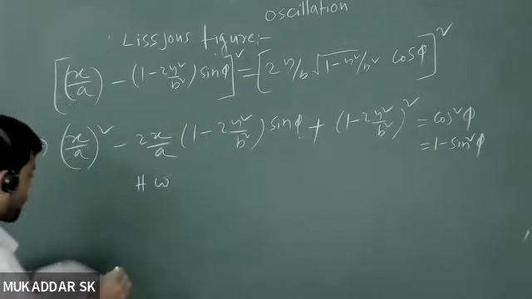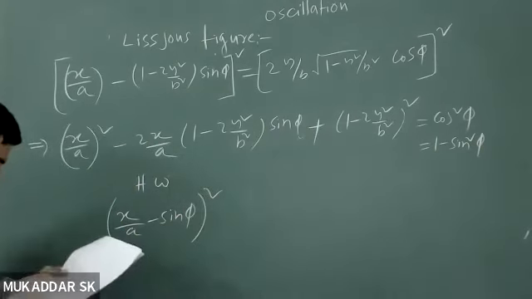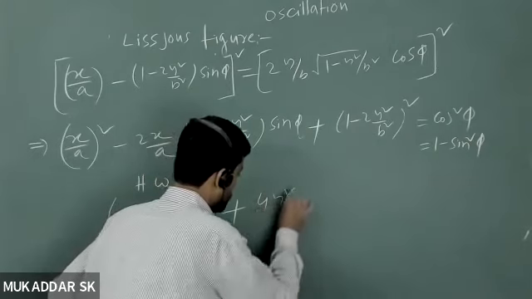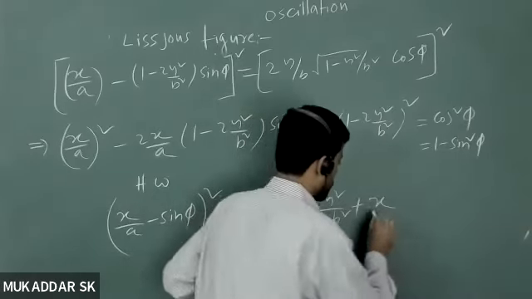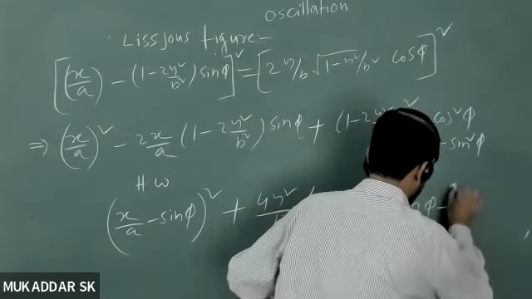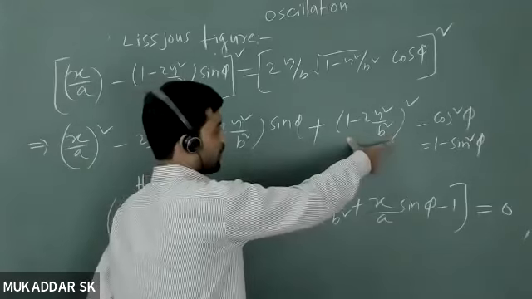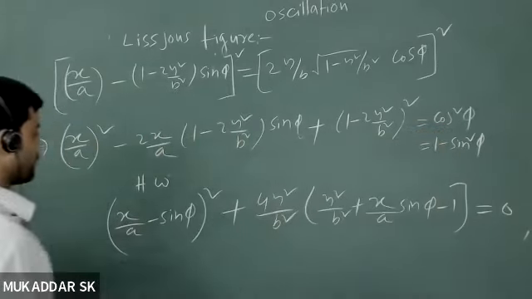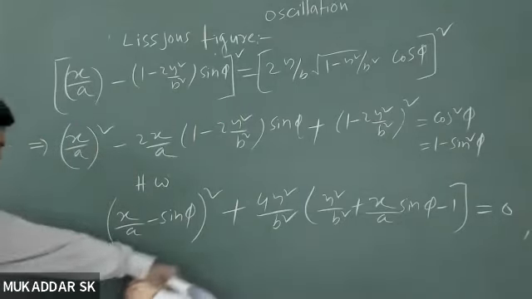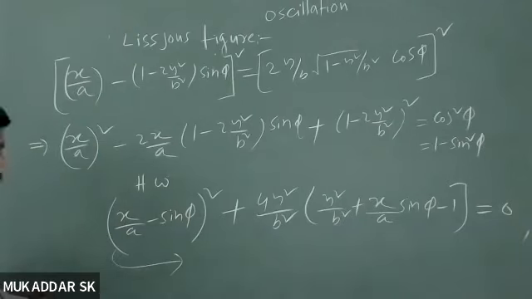If you do like this, you will get (x by a minus sin phi) whole square, plus 4y square by b square, plus x by a sin phi minus 1 equal to 0. ठीक है, ये आपको इक्वेशन मिलेगा, यहां से ही मिलेगा, कुछ नहीं है। इसको जस्ट आप ब्रेक कर दो, ठीक है। इसको अगर ब्रेक करोगे, और राइट हैंड साइड में आपने cos स्क्वायर फाई की जगह पे 1 minus sin स्क्वायर फाई लिखे हो। So if you write like this, if you follow 2 more steps, you will get this kind of equation, and this is the general equation for this case when omega x to omega y is 2:1. So in that case, the general equation of this trajectory will be this.